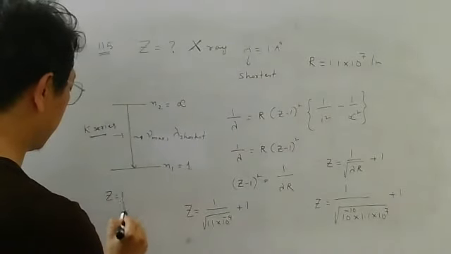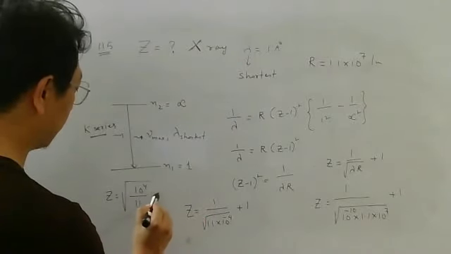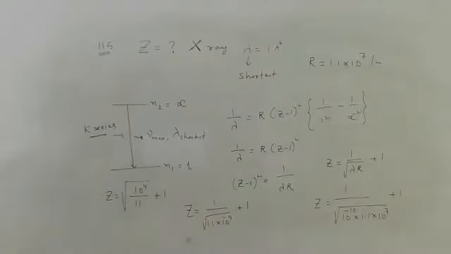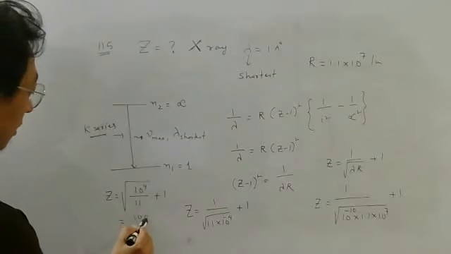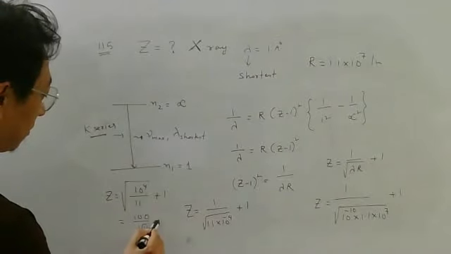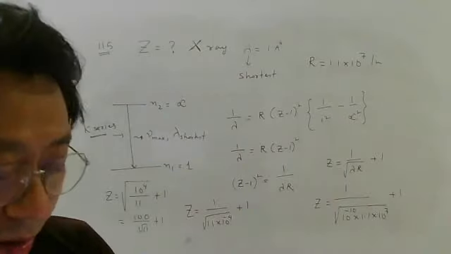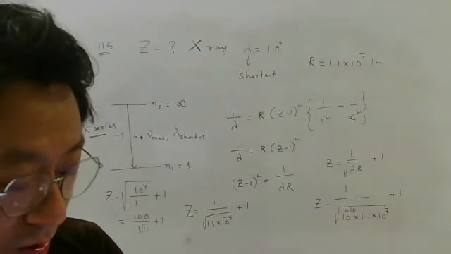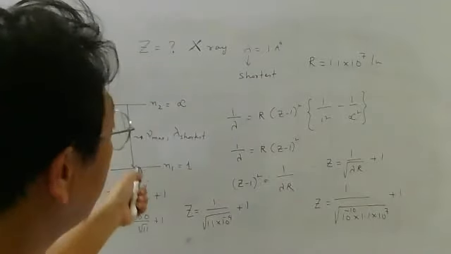So this will become under root 10 power 4 by 11 plus 1. That will be 100 by under root 11 plus 1. Practice how much it will come. Energy you can do, no, for K alpha if they ask. What will you do? First lambda you find.